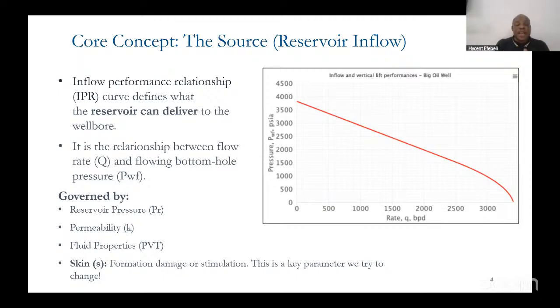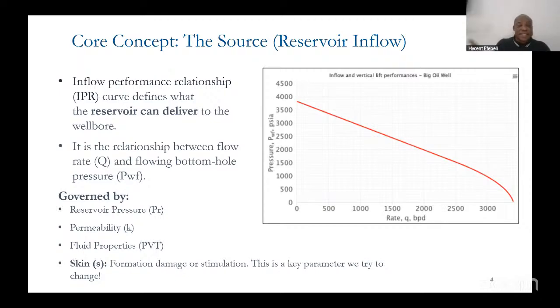So all those things affect how much fluid goes into your wellbore, right? As we will see later, to improve these inflow performance relationships, we are looking at managing all these parameters to make sure that we have enough fluid in our wellbore.